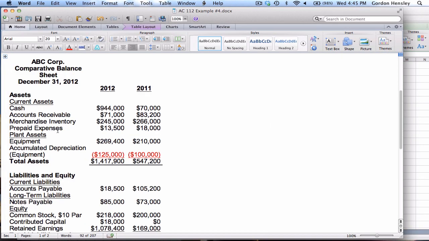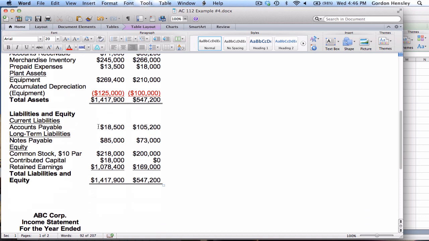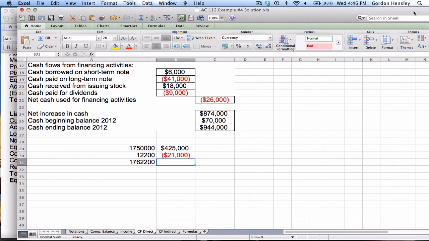Then I have to consider my accounts payable. Well, that's a liability. In fact, it's the only liability that I see as far as current liabilities on this balance sheet. Now, their accounts payable previously was $105,200. Now it's $18,500. So it also went down. It went from $105,200 to $18,500.